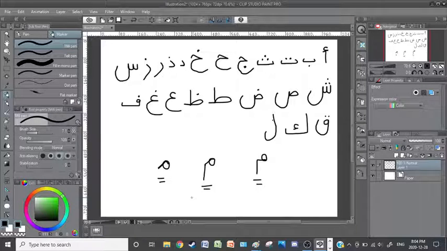This letter is the M sound in English, and it is known as meem. And if you browse the internet quite often, you will probably be familiar with this term. Yes, as an internet meme. But that is the name of the letter. If it helps you remember it, that is good.